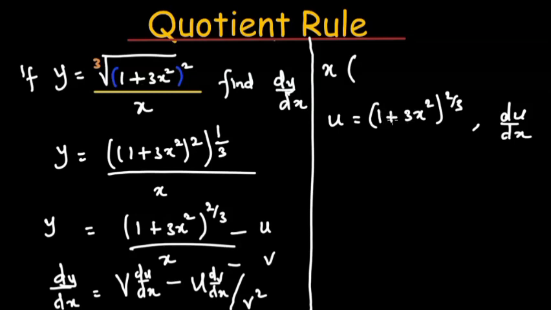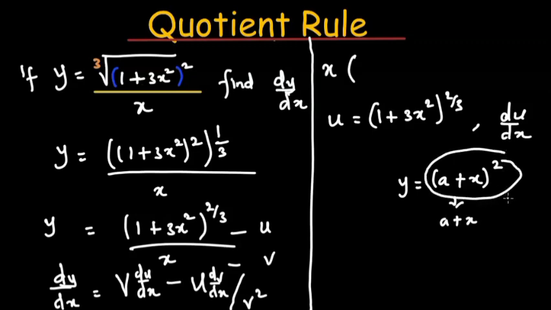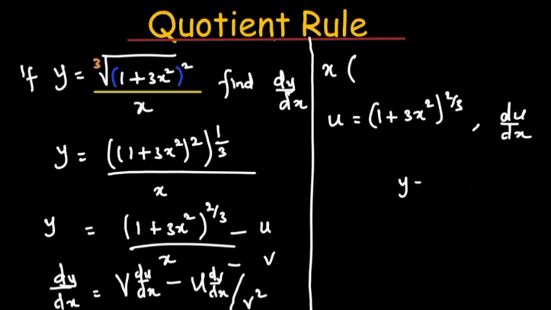If we have a function y equals a plus x to the power 2, the inner function is a plus x, and then I take the entire function as the outer function. So we're simply going to start by differentiating the inner function.